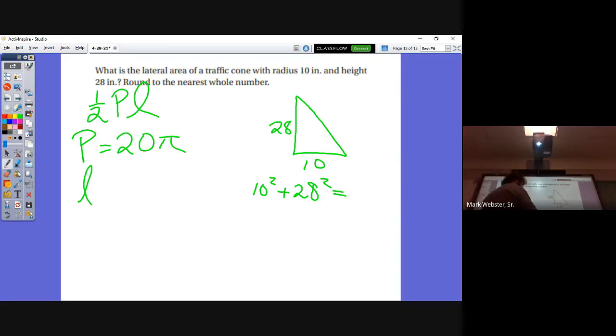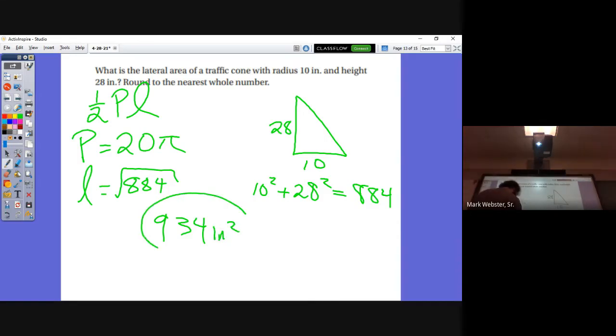Thank you. So we got 884. We're just going to square root that. We're going to come up with half times this times that. We get this, and we're rounding to the nearest whole number. Inches. Right?